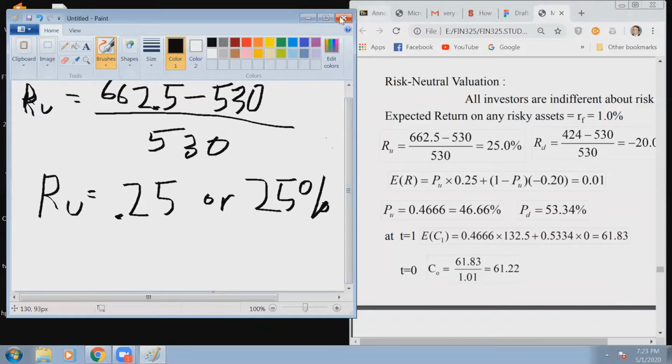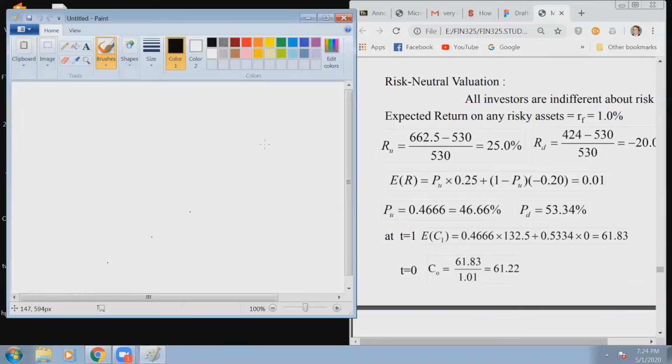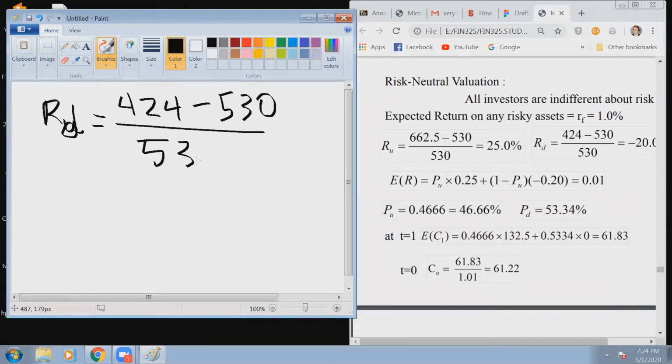And then on the other side of the equation, we have a downturn, which we already know what's going to happen to our stock price. Our stock price will decrease to $424, and so we have our old stock price of 530, and we divide by the old stock price of 530, and our return in a downturn is going to be equal to negative 25%.